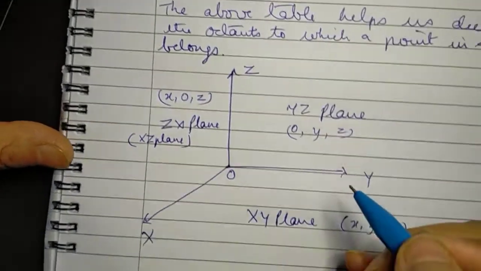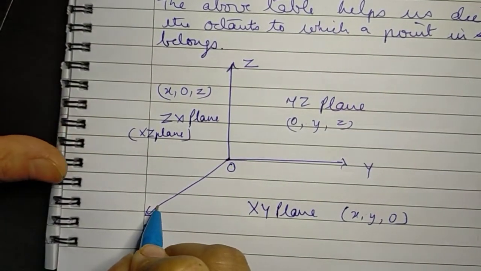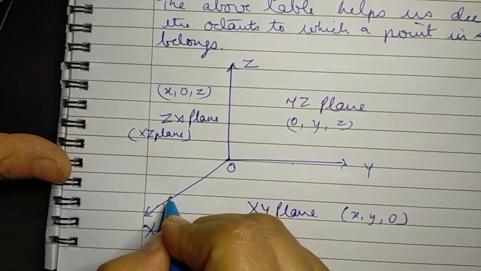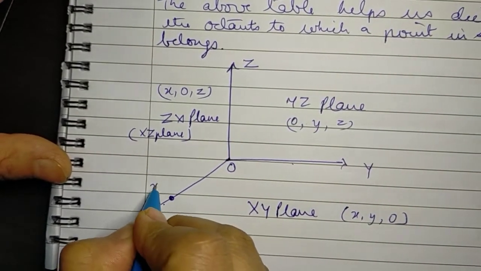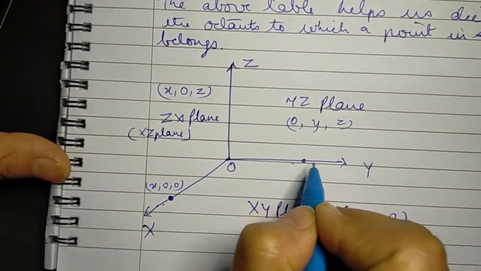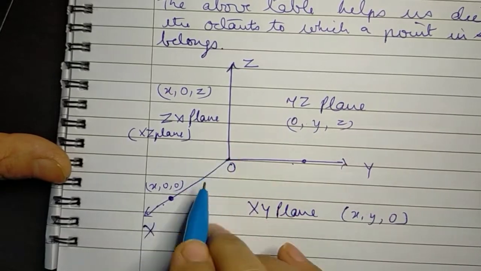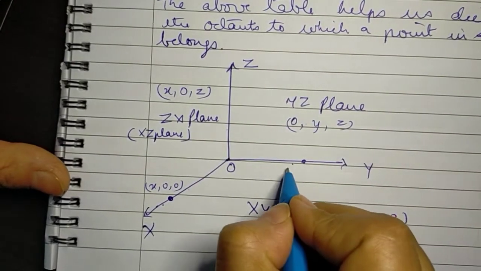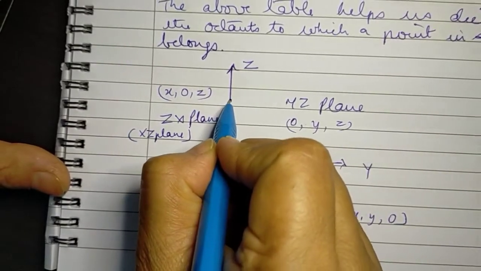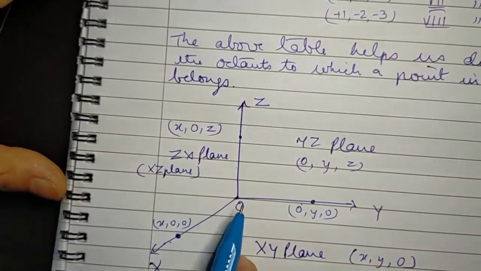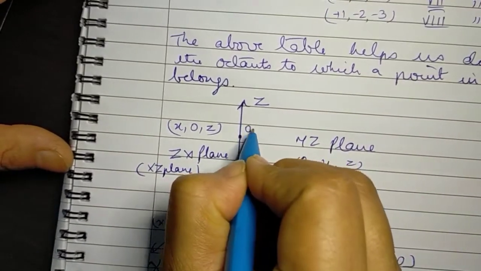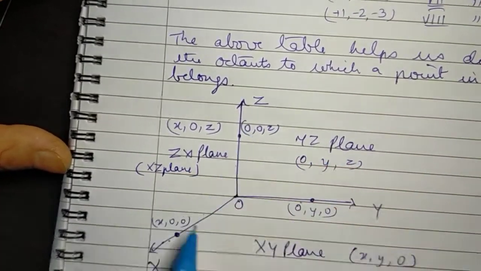Any point lying on the x-axis doesn't have the y and the z coordinates, so it would be x, 0, 0. Any point lying on the y-axis doesn't have the x and z coordinates, so you have 0, y, 0. And any point lying on the z-axis doesn't have the x and y coordinates and is of the kind 0, 0, z.